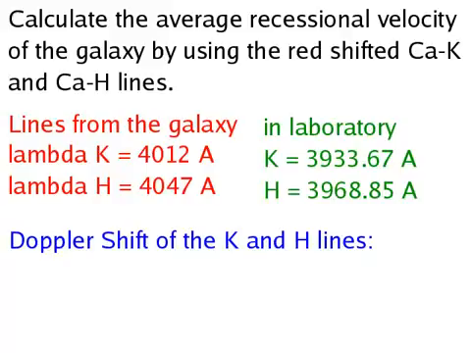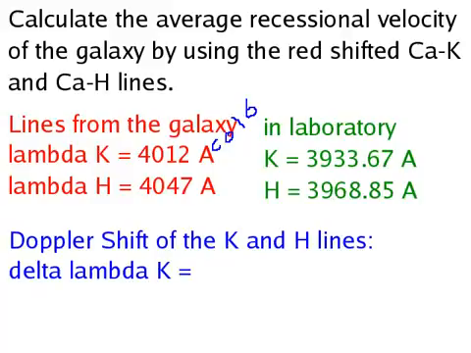Let me just write this in freehand, because I forgot about that. Okay, so the lambda K wavelength goes into data column 6.